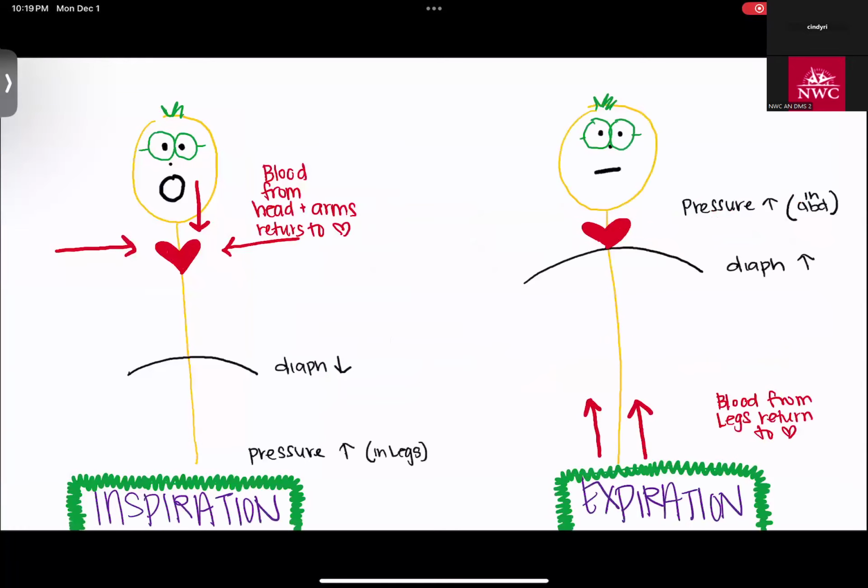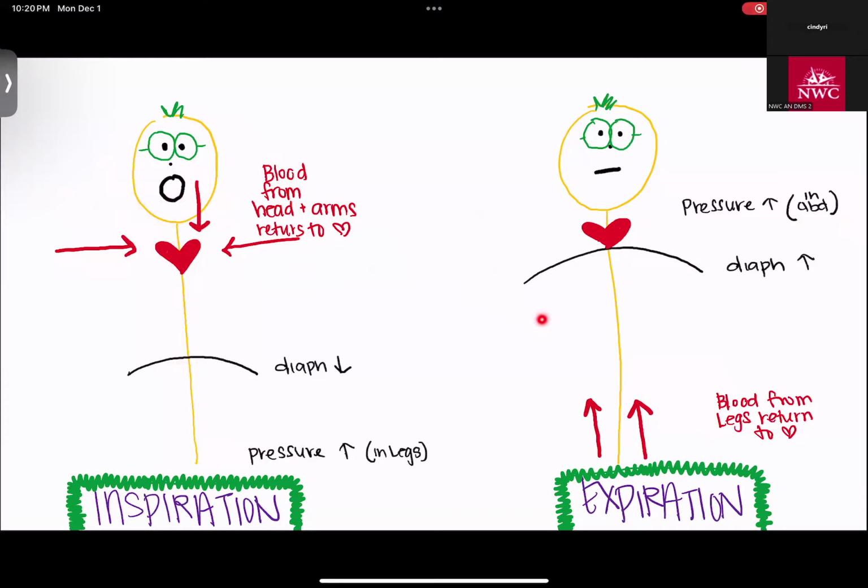But add another layer to that, and now think about what is more prominent as far as venous return. When the diaphragm is down, during inspiration, you have an increase of venous return to the heart from the head and arms. So all of that upper blood, from the head and the arms, returns to the heart when the diaphragm moves down.